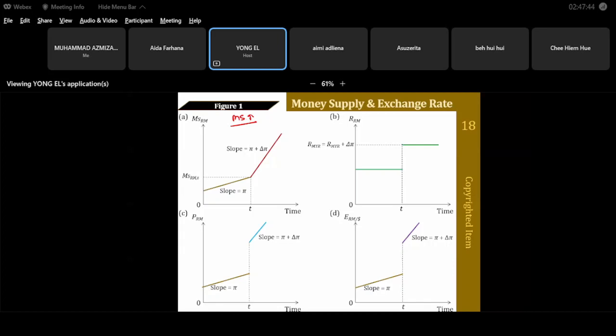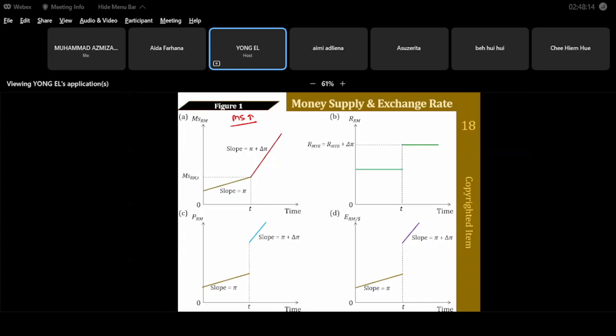Now, if you want to form expectations about interest rate or inflation rate in the future, you want to make investment in a country, maybe in Malaysia, for example, and you want to know whether the exchange rate, price level, interest rate will increase or decrease, because those are important things that you need to take into account before you make your decisions to invest or not to invest in Malaysia, right?